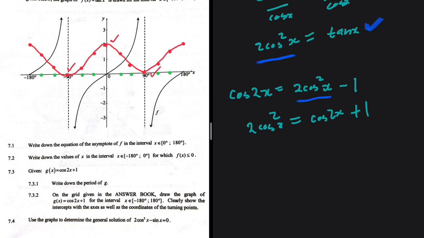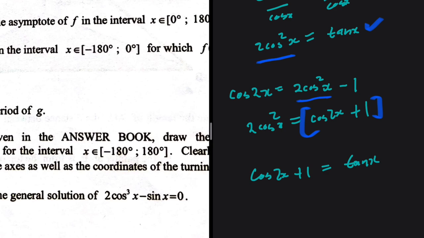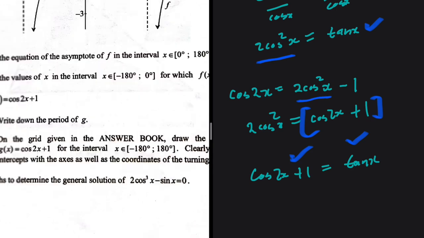So clearly 2 cos squared x is equals to cos of 2x plus 1. And this right here is the graph that we have, right? So we can say cos of 2x plus 1 is equals to tan of x. So in order to find the general solution using the graphs, we just go into our graphs and look for values of x for which the two graphs are equal to each other, right?